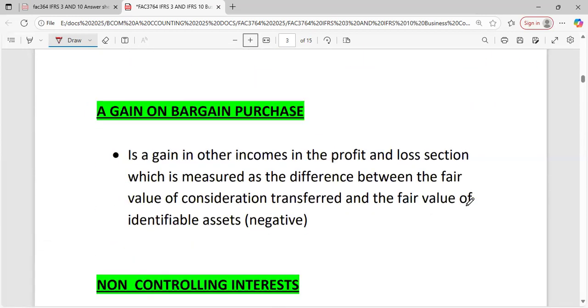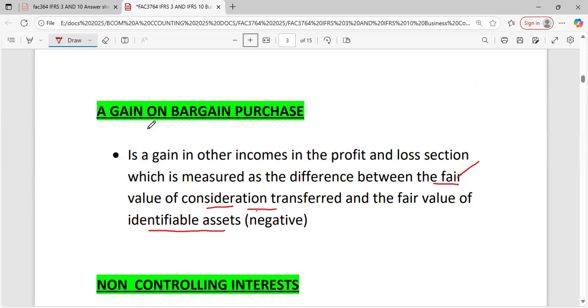Right, then a gain on bargain purchase. This one, you take it to other income when you do your consolidation. So you will find that here, we're now looking at the fair value of identifiable assets being more than the fair value of the consideration, which means what you pay is less than the value of the assets.